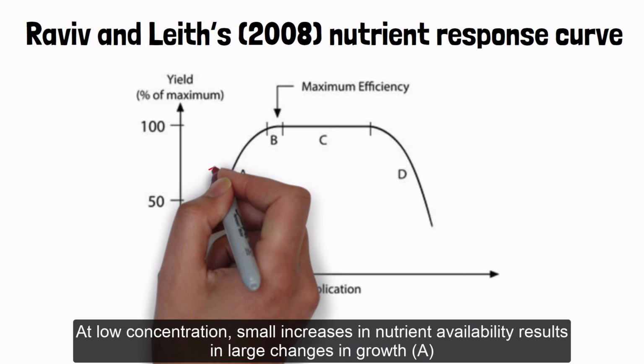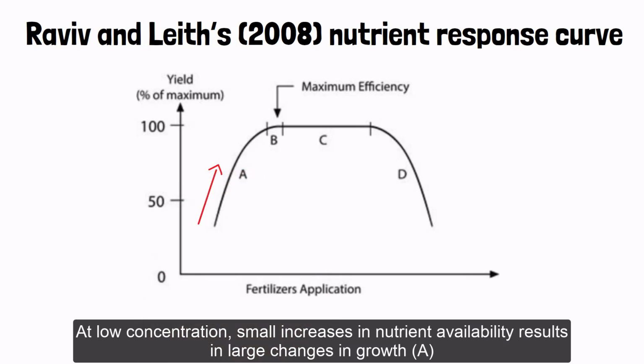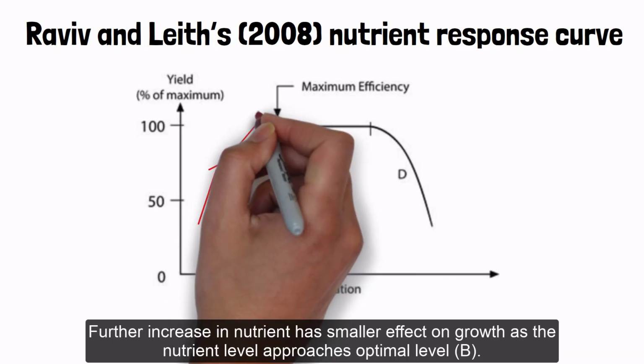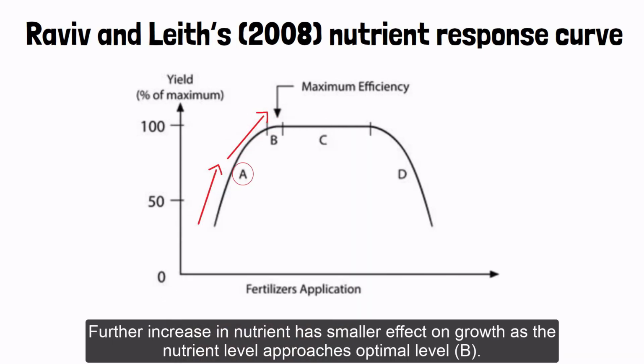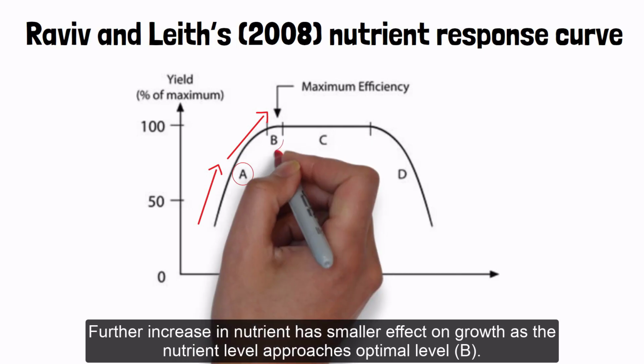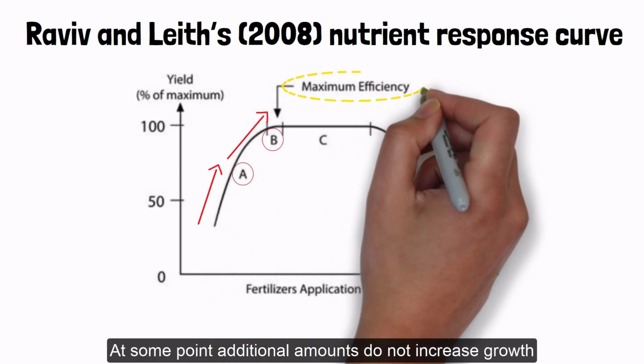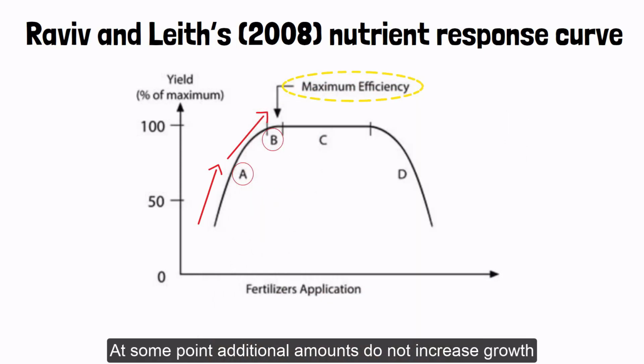At low concentration, small increases in nutrient availability results in large changes in growth. Further increase in nutrient has smaller effect on growth as the nutrient level approaches optimal level. At some point additional amounts do not increase growth.